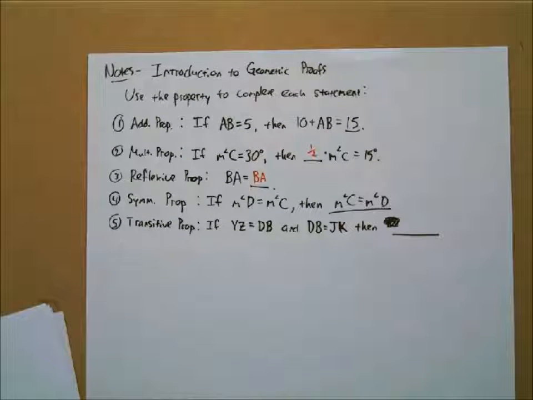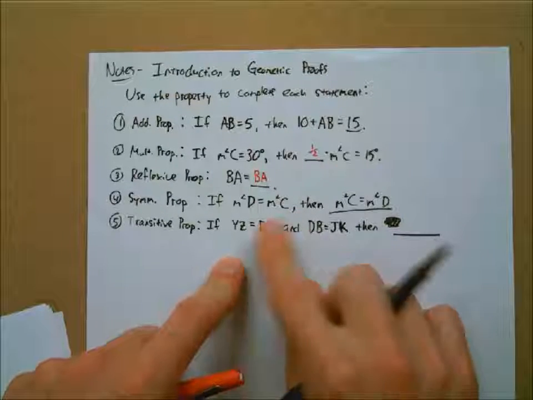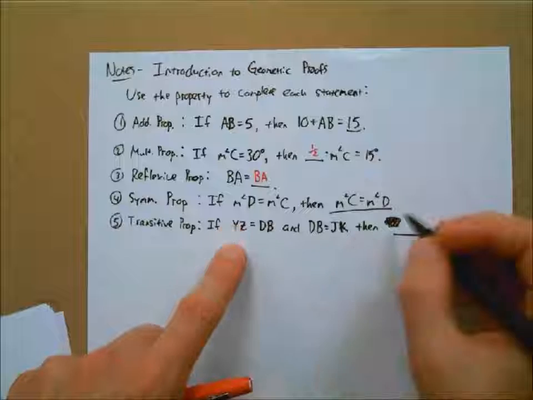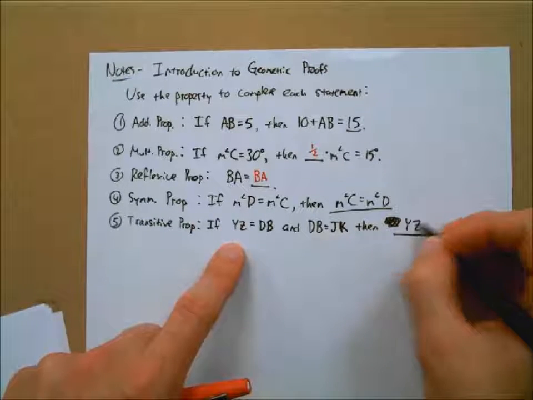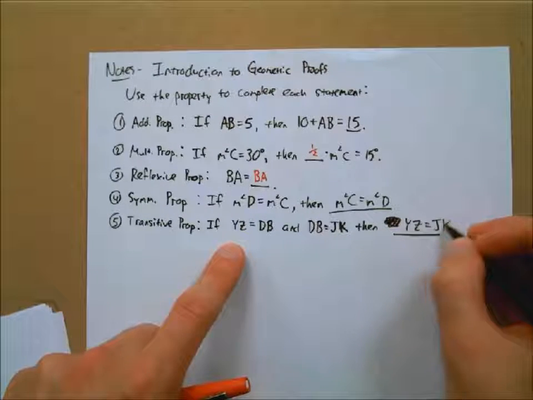Using the transitive property, what do we say? Brandon, what do you want to say? YZ equals JK. Very good. DB is the thing that bridges between YZ and JK there, right? So very good. YZ equals JK.